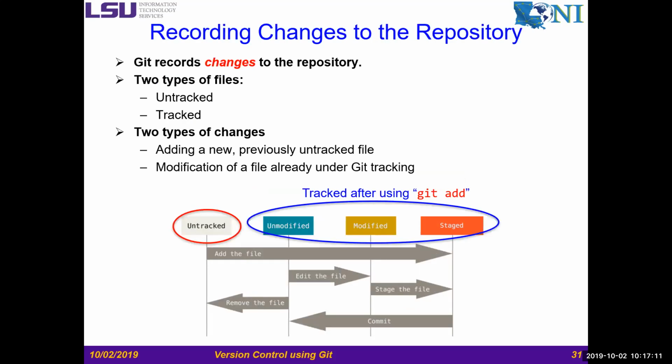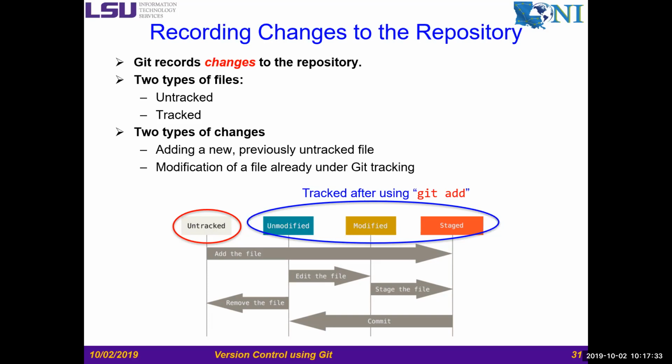Now I'm going to answer your question. We first say Git records changes to the repository. It's not actually the file. So when we do git add file, it actually records the changes of the file instead of the file itself.